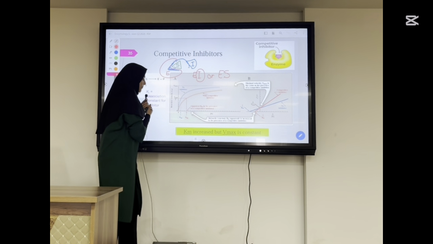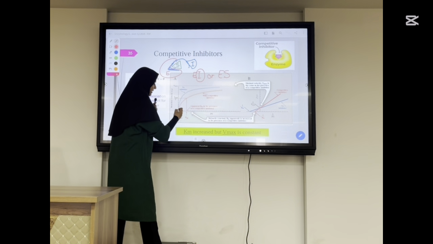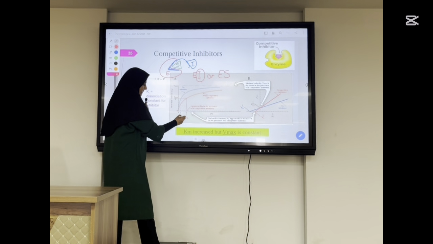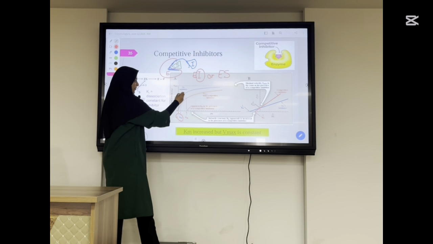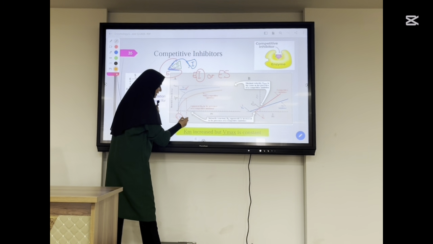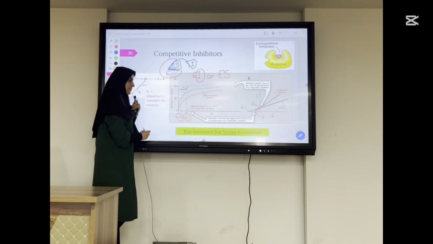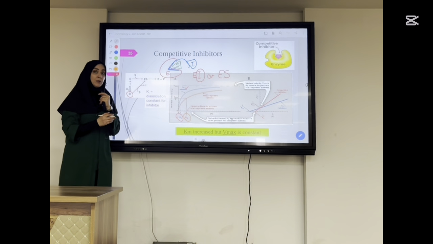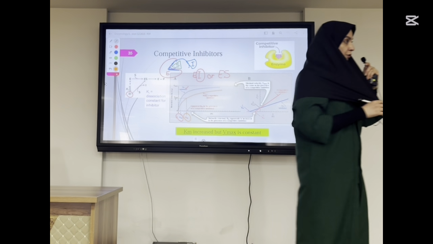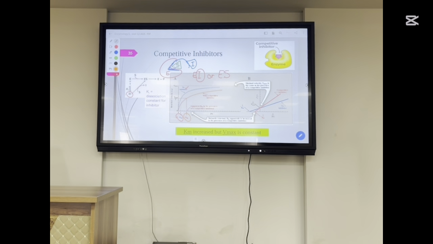So, as you can see here, the blue curve is the Km with no inhibitor. But what about Km when inhibitor is present? For example, one of the very, very important questions, not only for your final exam, but also for your basic science exam, inshallah.